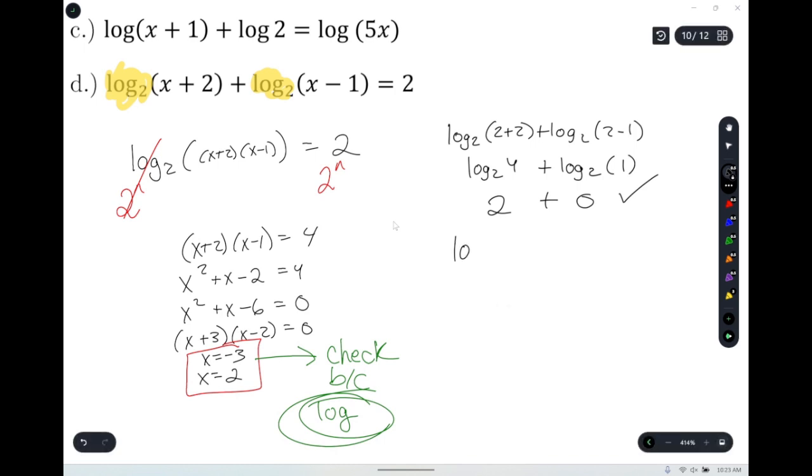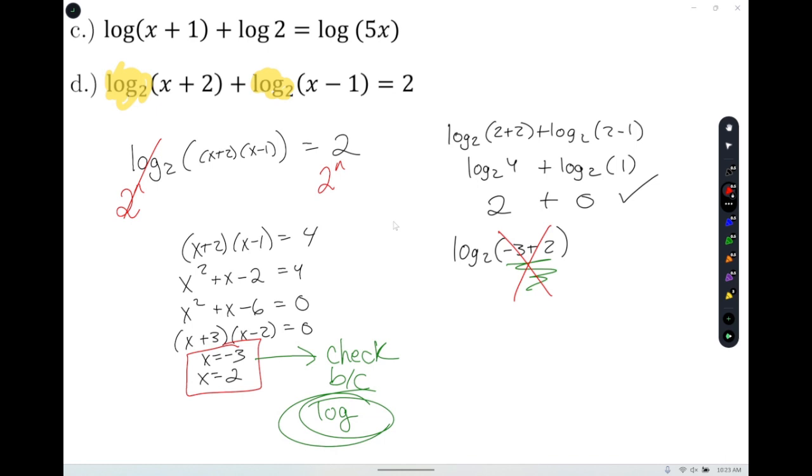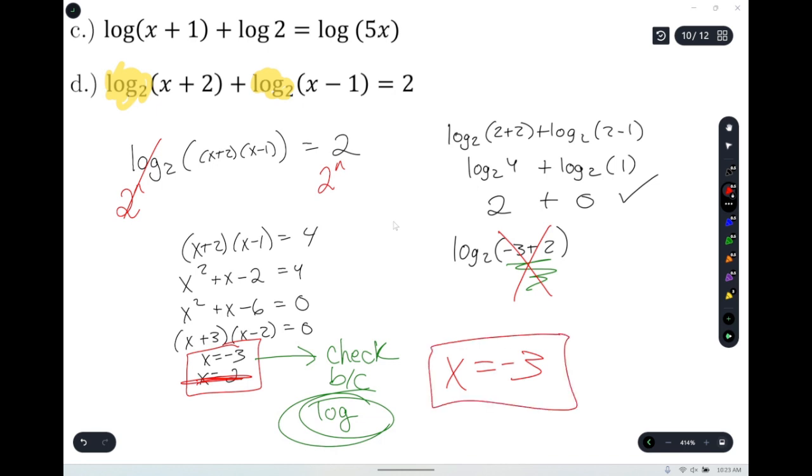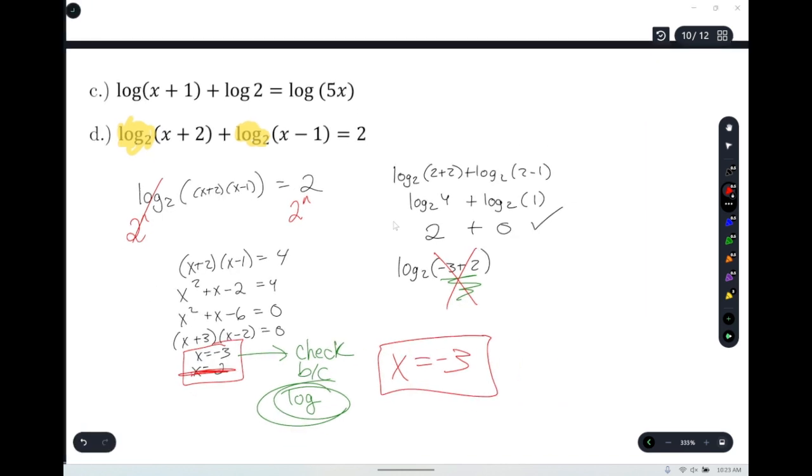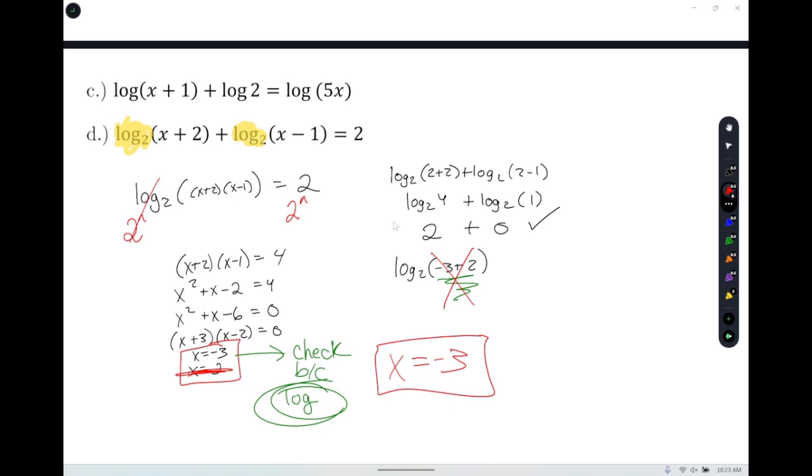What about negative 3? Log 2 of negative 3 plus 2. Holy crap, we don't even have to keep going. You can't get negative 1 in there. We're done. That is impossible. Those are fun. I think I really like doing log combinations.